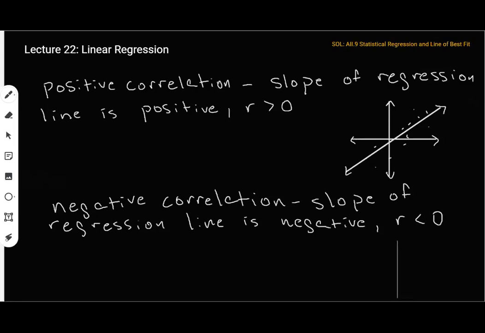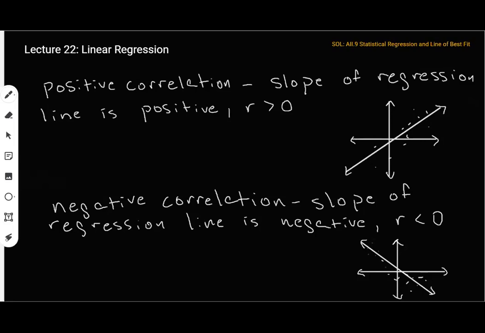So let me draw you a picture of what this is going to look like. So here, your scatter plot may look like this. So the line that best fits the scatter plot is going to have a slope that's negative. So instead of going up as you go from left to right, the regression line is going down as you go from left to right. Okay?